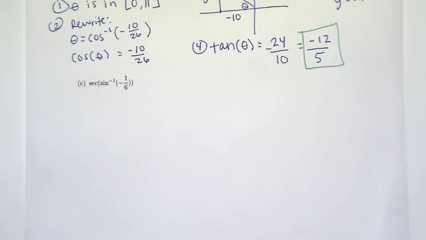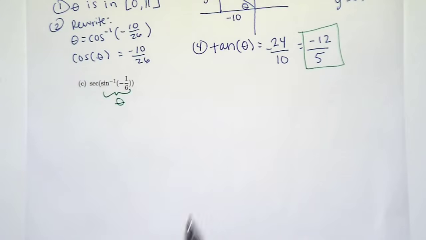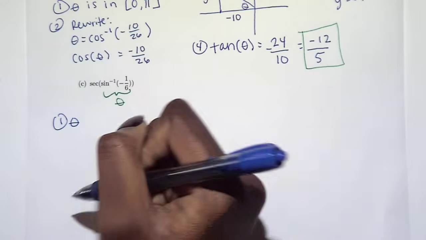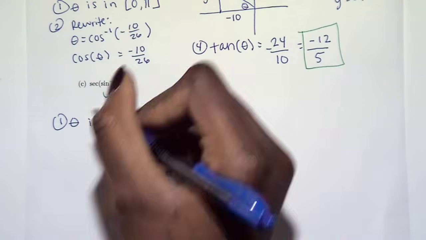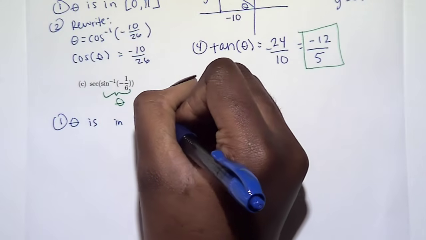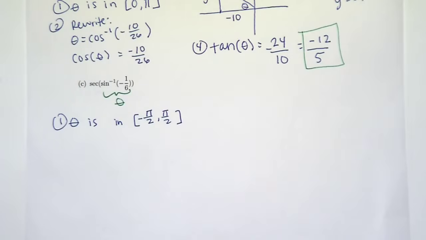So let's do secant of sine inverse of negative 1/6. Same process. Sine inverse is going to give us an angle. So we're really trying to find secant of theta, but we use sine inverse to understand information about our angle, like the location. Since we use sine inverse, we know our angle is between negative pi over 2 and positive pi over 2.